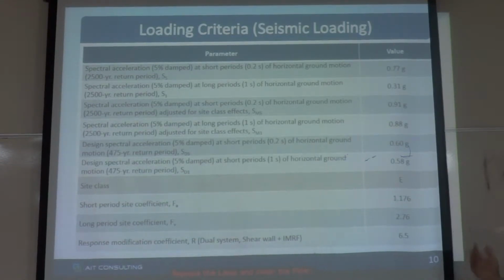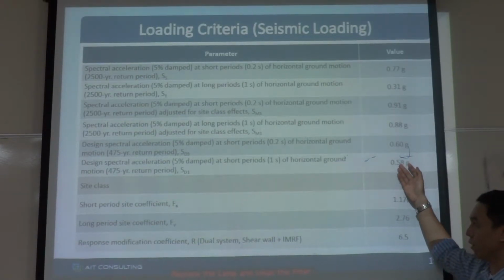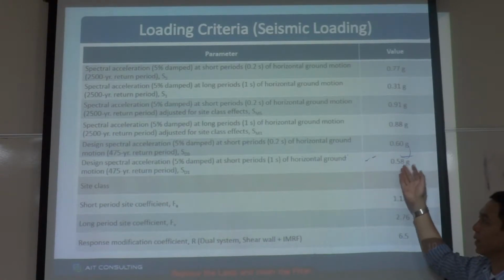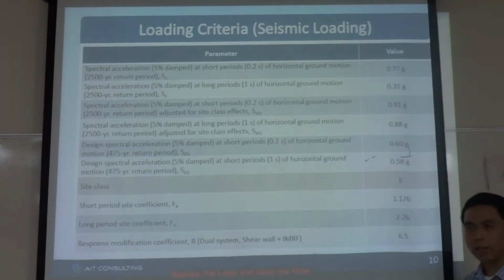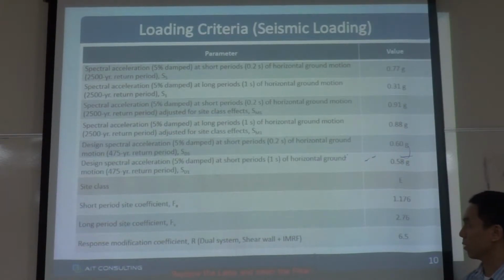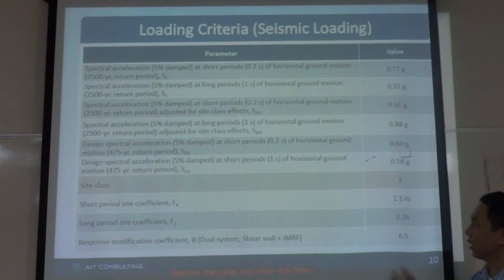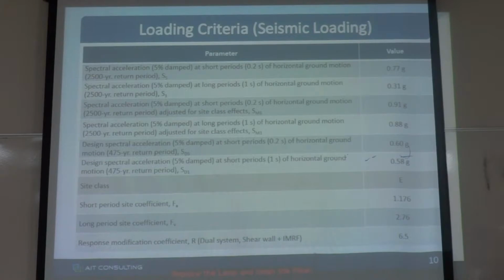Then we design it. The code says that if we design the building for this level of earthquake, the building will perform well for that level, and there will be some damage, but there is no risk for the life safety of the occupants. But in reality, an earthquake can come with very high magnitude as well as very small magnitude.